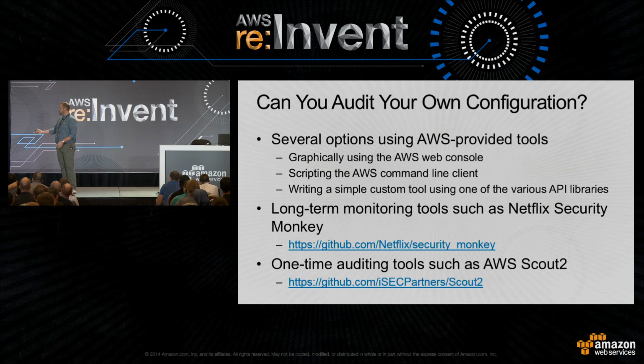Another tool which is available for free, which we use, is something called AWS Scout 2, and you can pull it off of GitHub. When you see it, you'll notice that it's actually a security tester's tool, which means it produces an incredibly large report that you have to figure out how to understand yourself. That's why we're not doing a demo, because it would take forever just to parse through the pretty HTML page that gets put out.